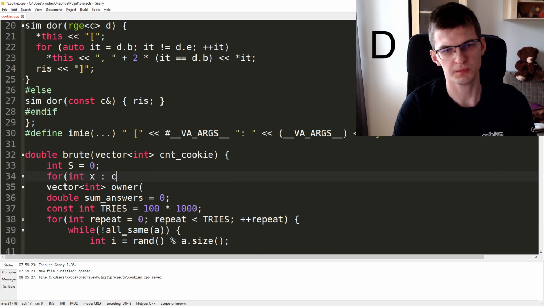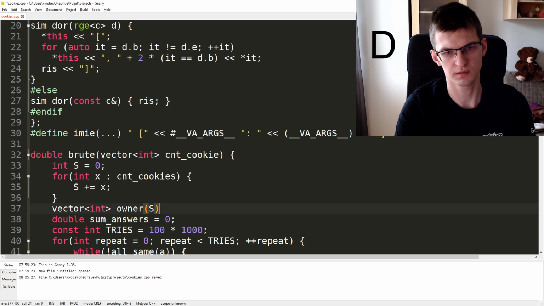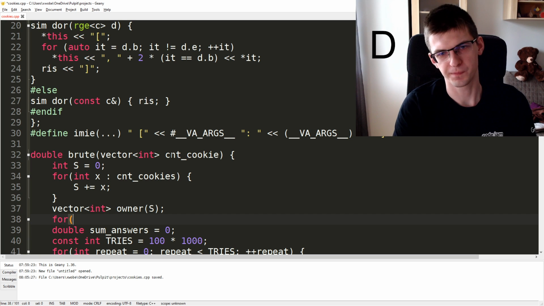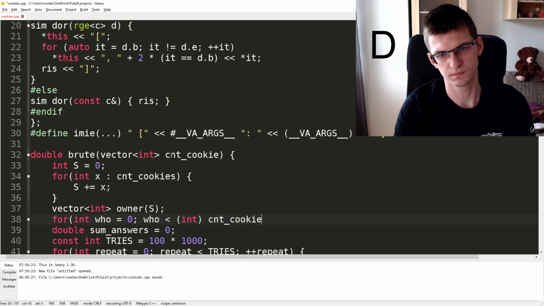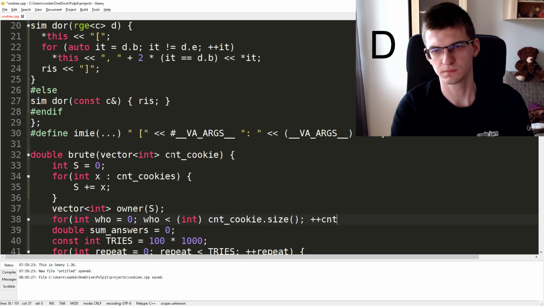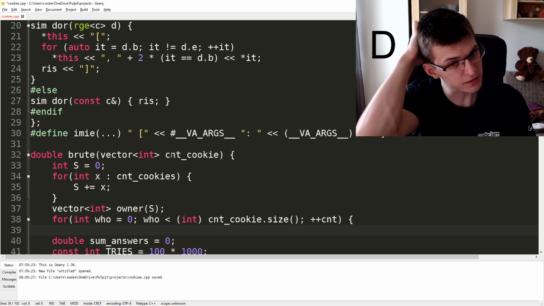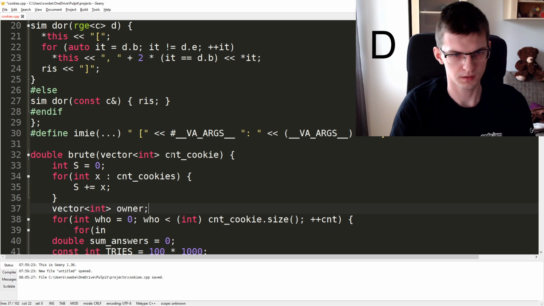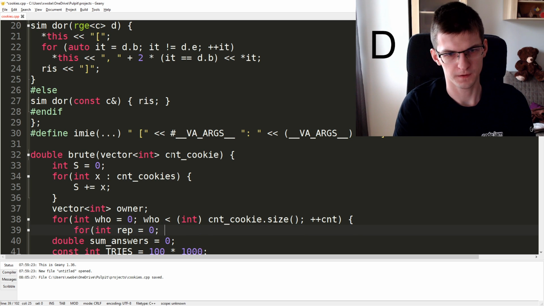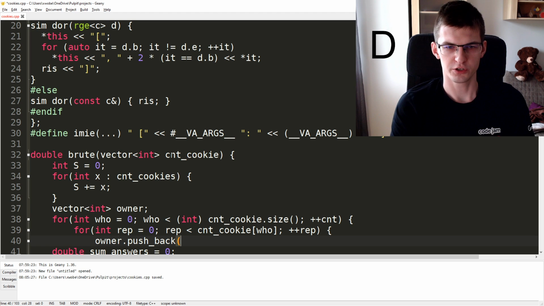This is 0. Sum up the number of cookies. S is now the number of cookies. If I'm looking at first person and he has 5 cookies, that many times, repeat that many times, owner, push back.